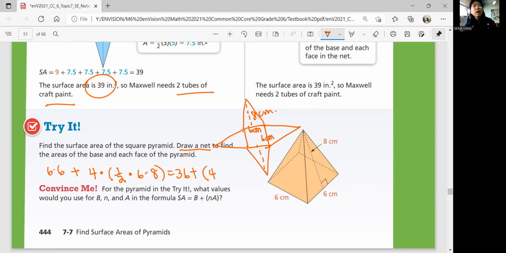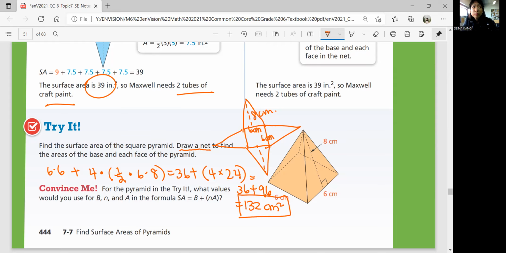So 4 times 24, right? And that's going to be 36 plus 96. Wait, 96. 36 plus 96 is going to be 132 centimeters square. Okay, that's the surface area of this pyramid.